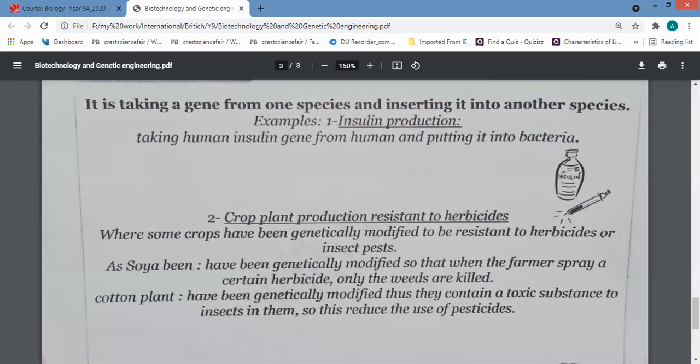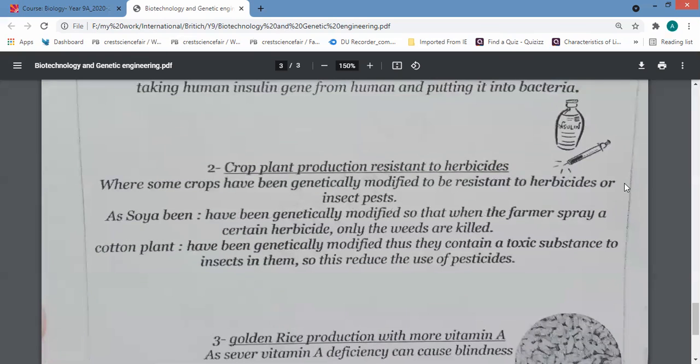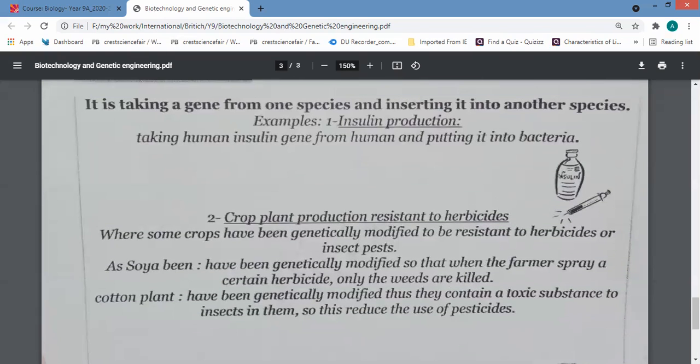The gene responsible for secreting insulin is extracted from the human body and put into some types of bacteria, for more production of insulin from these bacteria, for making external injections for patients.